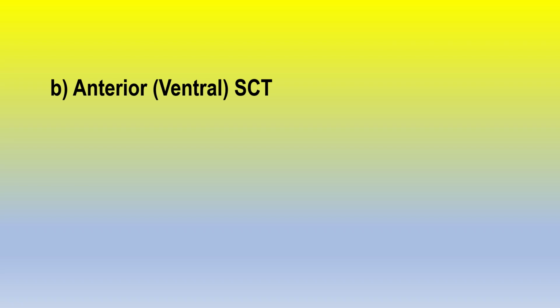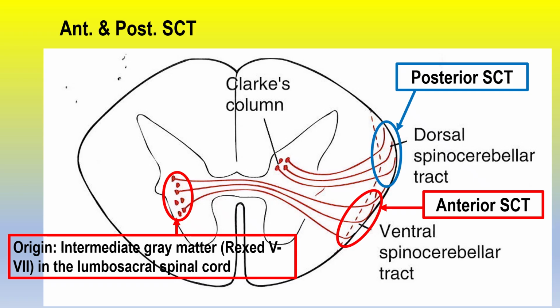Next, we'll explain the anterior spinocerebellar tract, also called the ventral spinocerebellar tract. The anterior spinocerebellar tract runs within the lateral funiculus of the spinal cord, immediately ventral to the aforementioned posterior spinocerebellar tract.